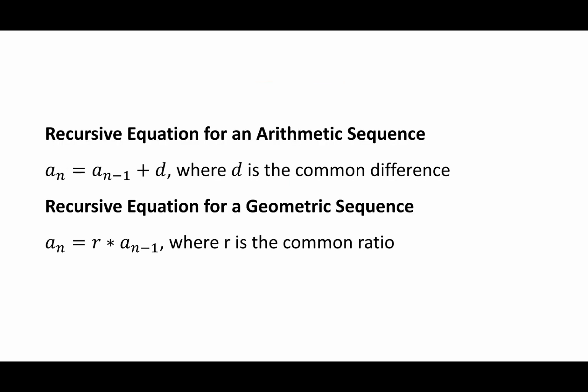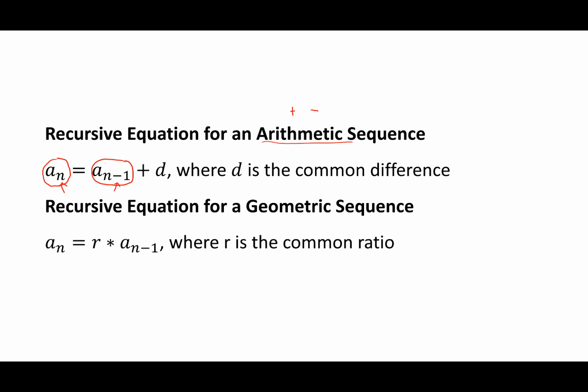So the recursive equation for an arithmetic sequence. Remember that arithmetic is all about adding or subtracting some common difference over and over and over. So we have our function, a of n. Now we are saying what a of n is in terms of that same function. Now if n is the number we're looking for, then n minus 1 must be the number that came right before it.